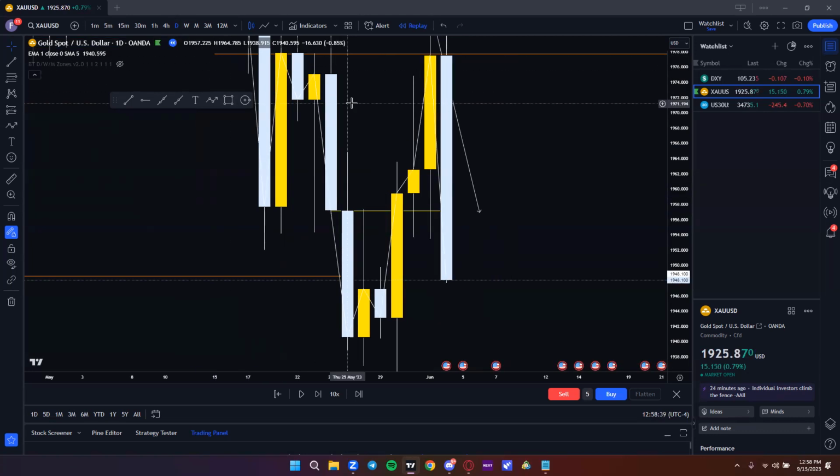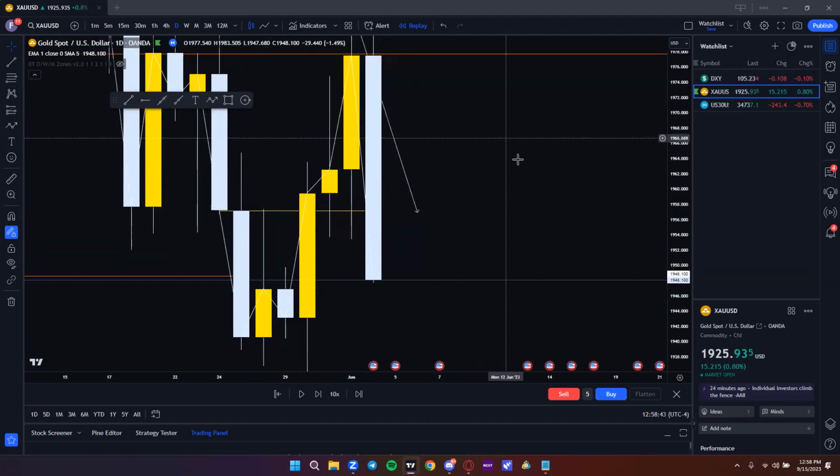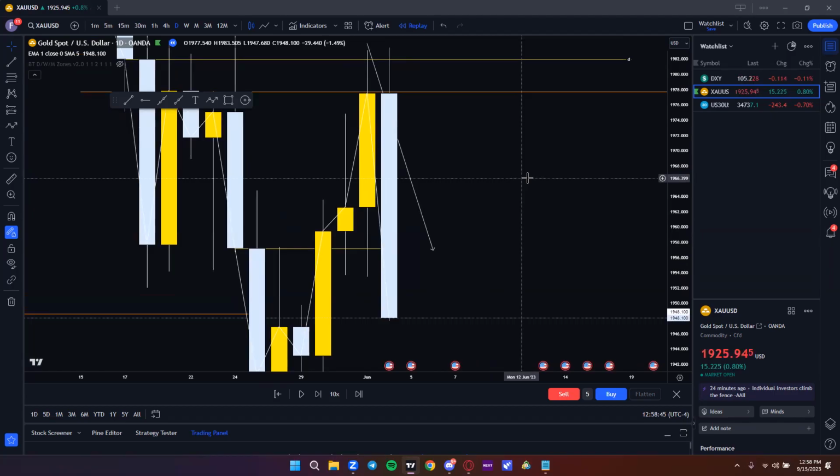The fact that daily now closed above this level tells me that we are now confirming pullback into source level and I can start taking buys now, right?